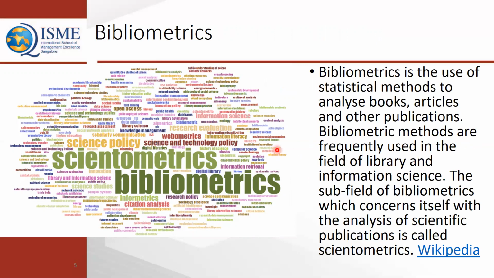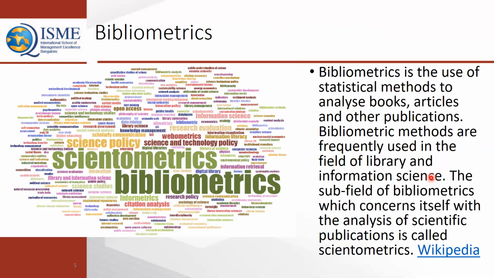Now, bibliometrics, as per Wikipedia, is the use of statistical methods to analyze books, articles, and other publications. Bibliometric methods are frequently used in the field of library and information sciences. But I must say that these are frequently used in almost anything, and especially in social sciences, where management is a part of it.